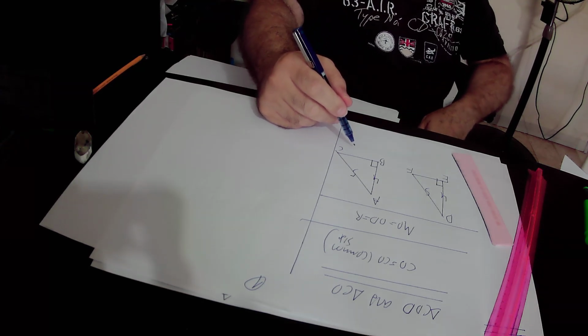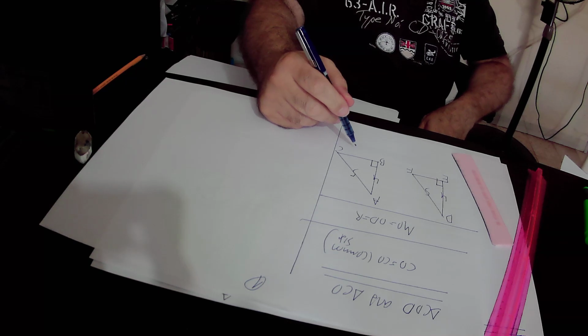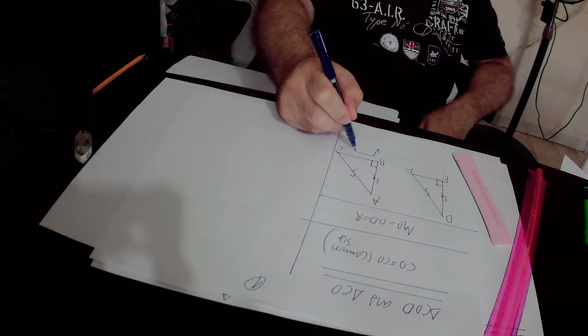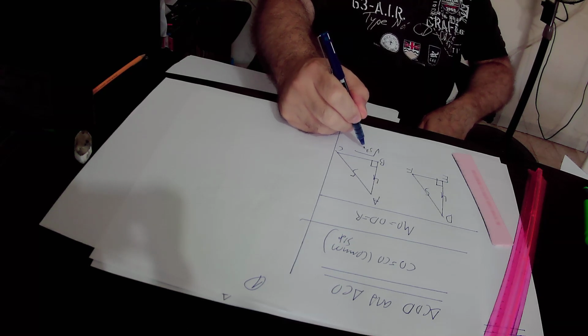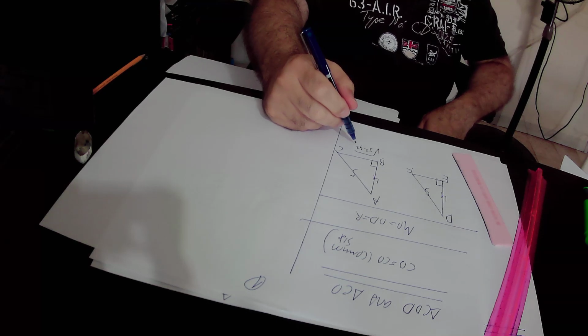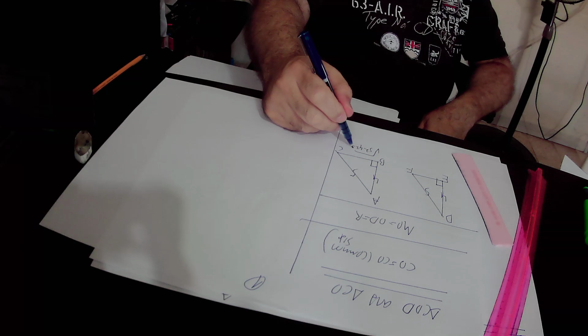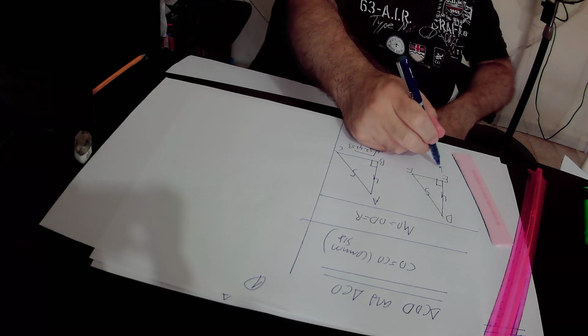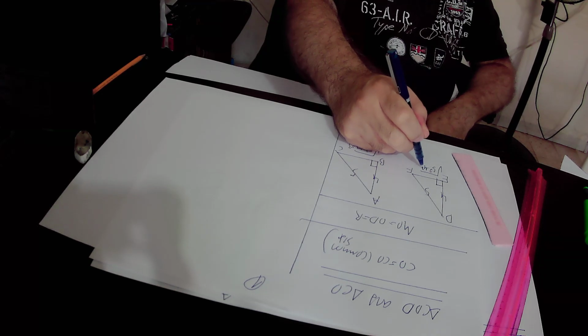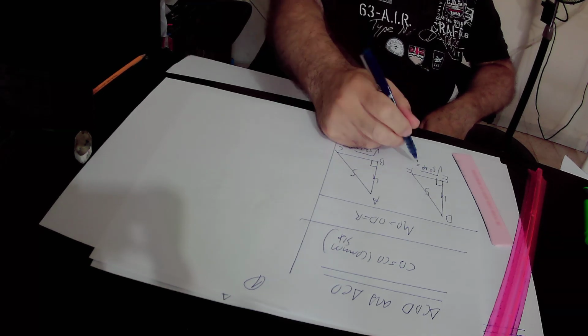Why? Because according to the Pythagoras theorem, the third side BC must be equal to the square root of 5 squared minus 4 squared. 5 squared is 25, minus 4 squared, that is 16. 25 minus 16 is 9, and the square root of 9 is 3. Here also EF will be equal to the square root of 5 squared minus 4 squared, that is also equal to 3.